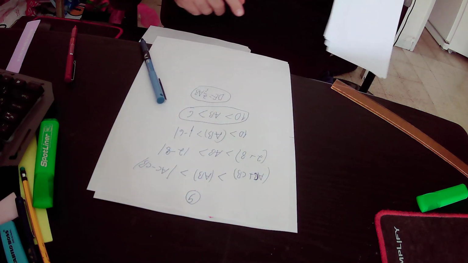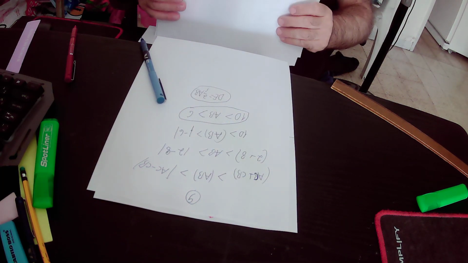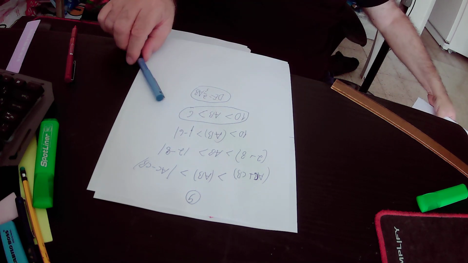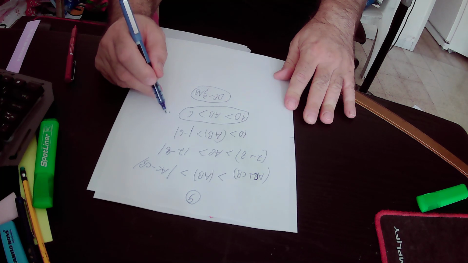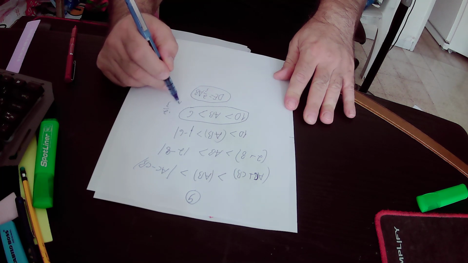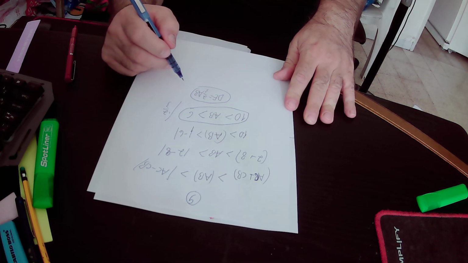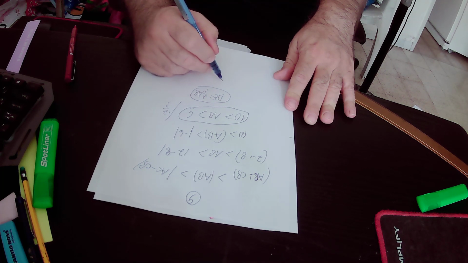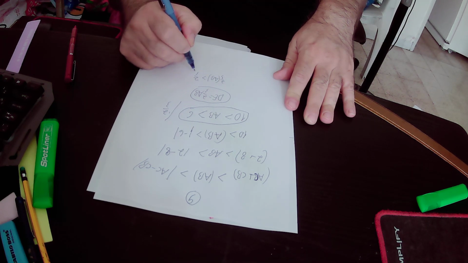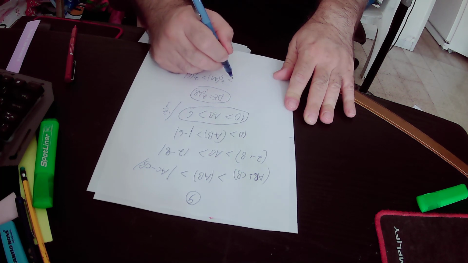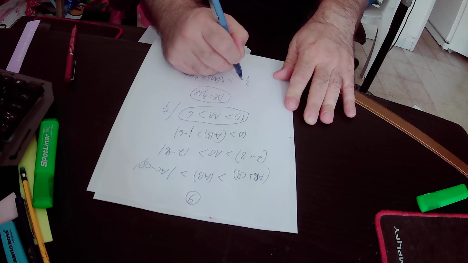So here we will multiply this inequality by 2/3. And we will get that 2/3 AB is bigger than 2/3 times 6, and it is smaller than 2/3 times 10.